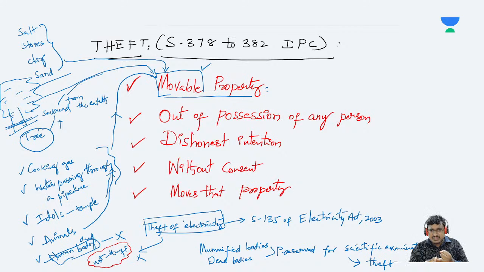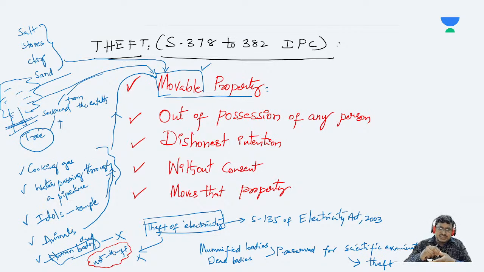That movable property must be taken away by the accused person out of the possession of the lawful possessor, with a dishonest intention, and without the consent of the lawful possessor.